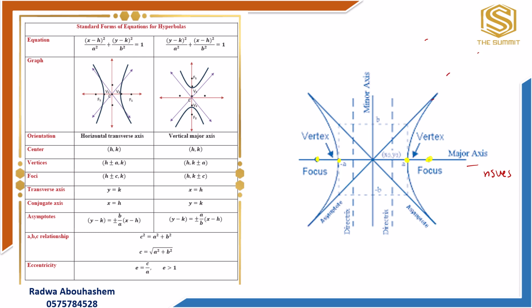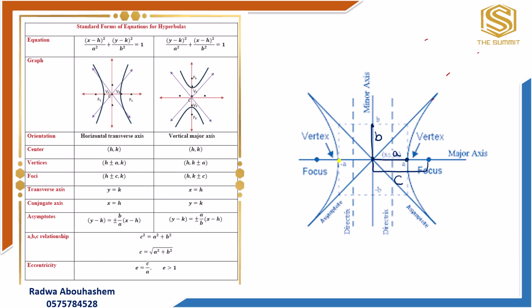Now here you have to know some letters. The distance between the center and the vertex, we call it a. The distance between the center and the co-vertex, we call it b. And the distance between the center and the focus, we call it c.